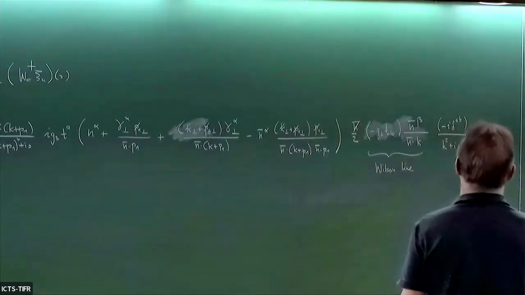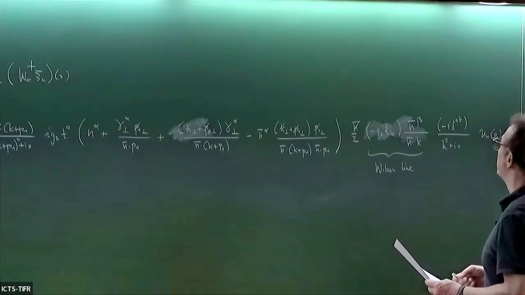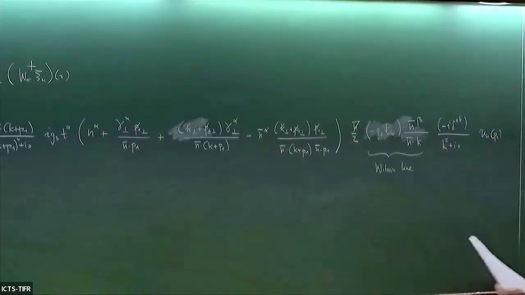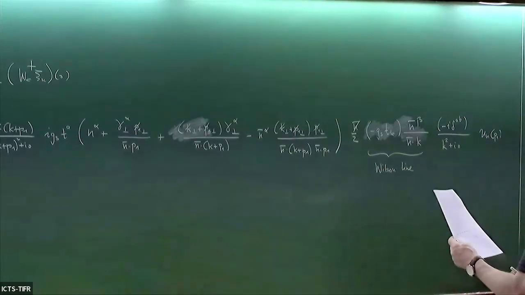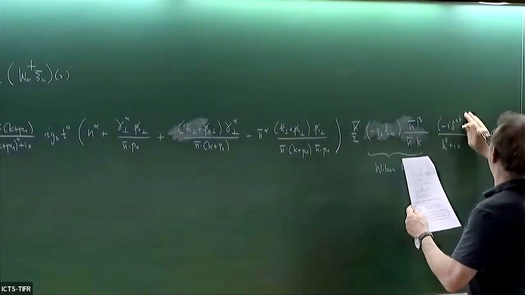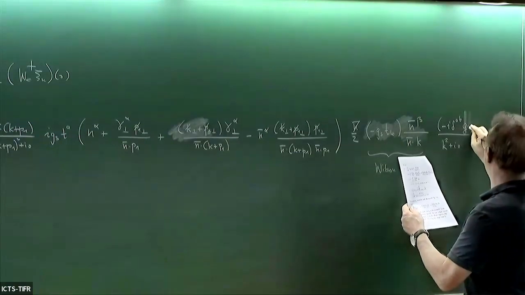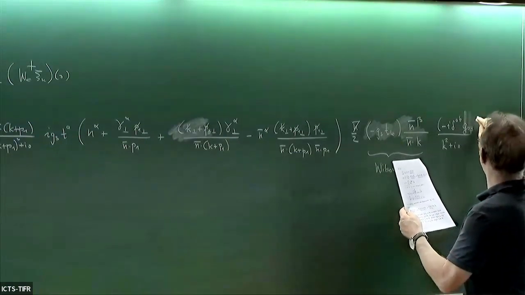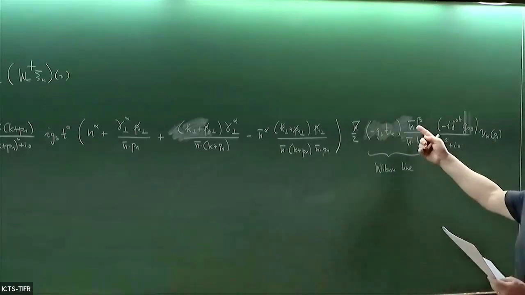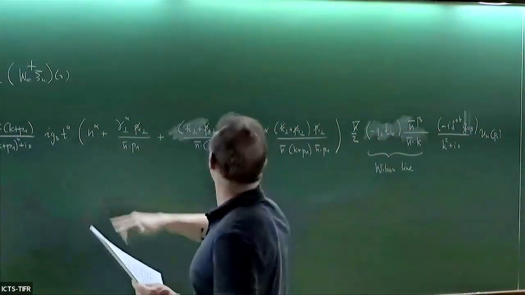Let me see. Sorry, I forgot the g alpha beta from the gluon propagator. So this g alpha beta is important because we have an n bar beta here and we have an alpha here.